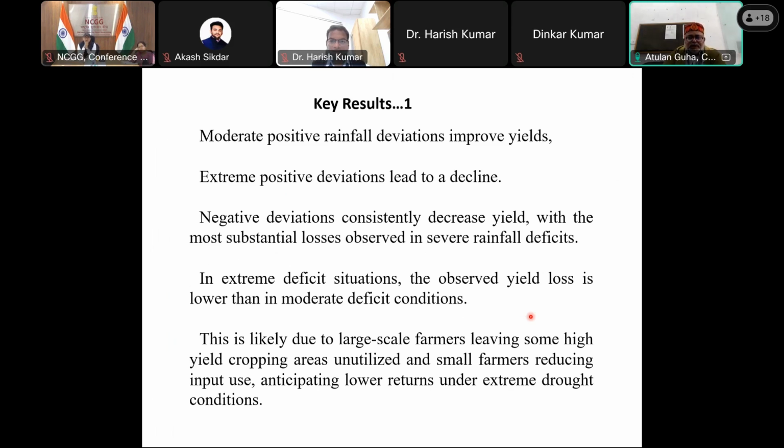What they generally do is reduce the cost of cultivation by using lower inputs during the drought. So that's why the sensitivity of yield in the extreme drought situation is lower than in the moderate dry situation.